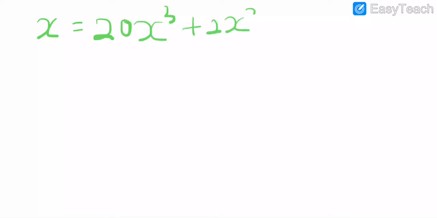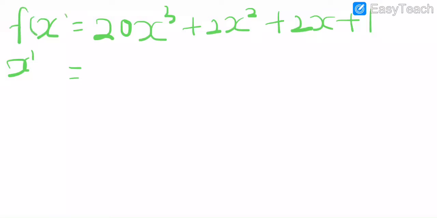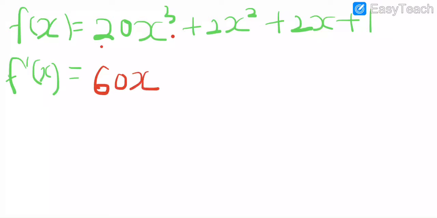Now I believe that some of you might have a question on differentiation. Okay, give you one example. If I have a function, for example, 20x power of 3 plus 2x power of 2 plus 2x plus 1. If I would like to differentiate the function, this is so easy. 3 times 20 is 60x. 3 minus 1, power of 2.